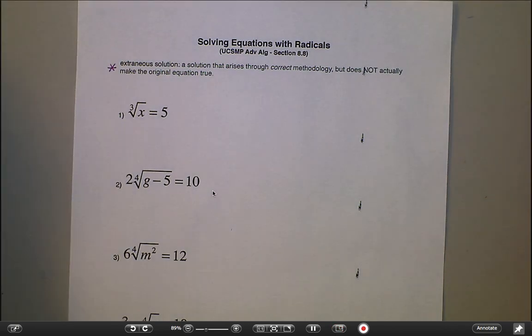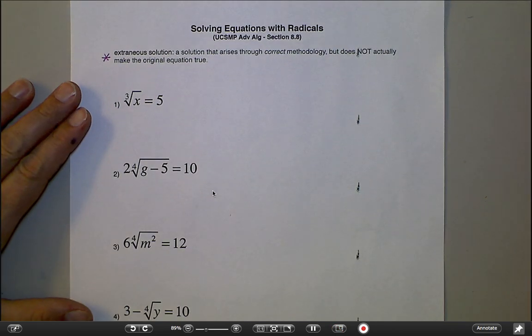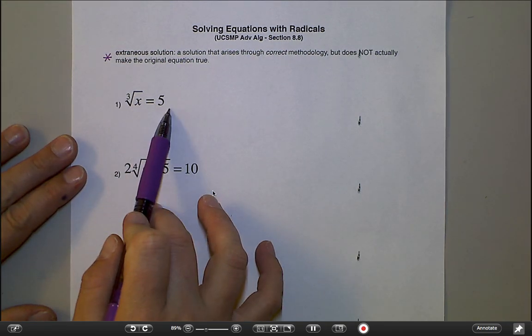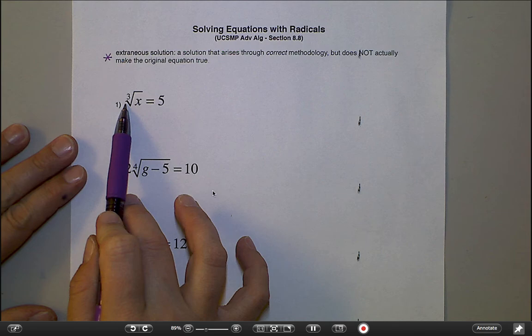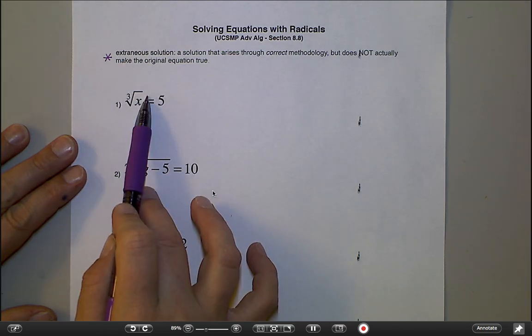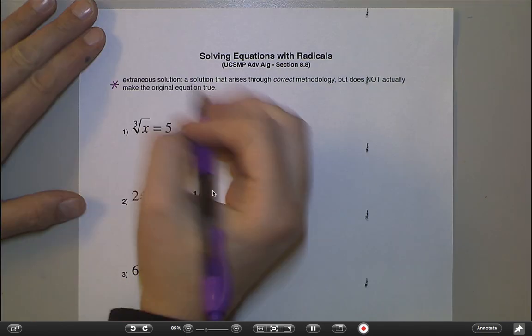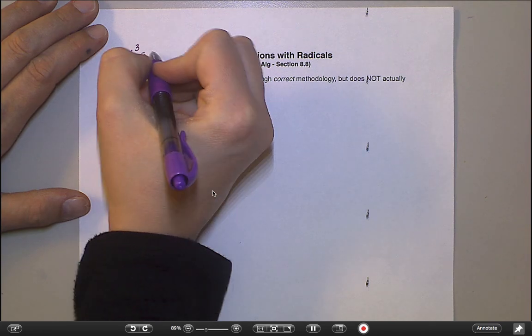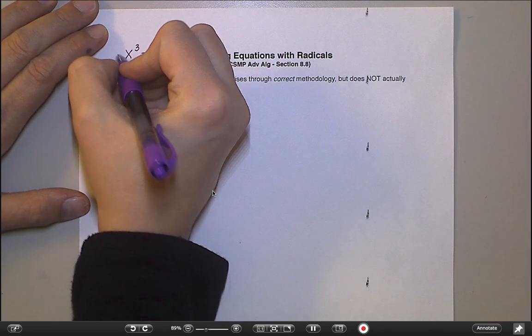There we go. Okay. So taking a look at this first one, this one's pretty basic. Cube root of x equals 5, right? To get rid of a root, we're going to use a power. Roots and powers cancel each other out. If you think back to solving something like this, where you have a power, we always used a root for that.